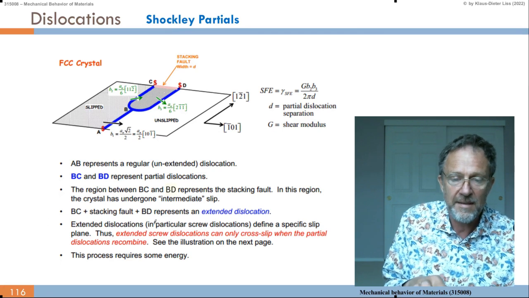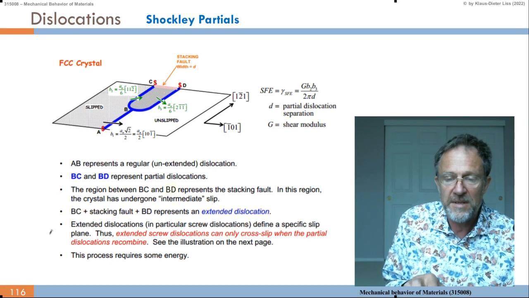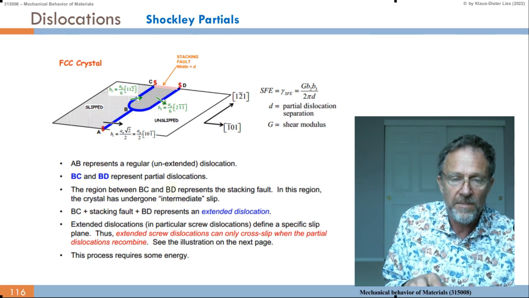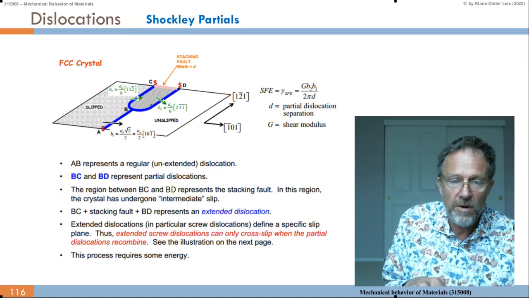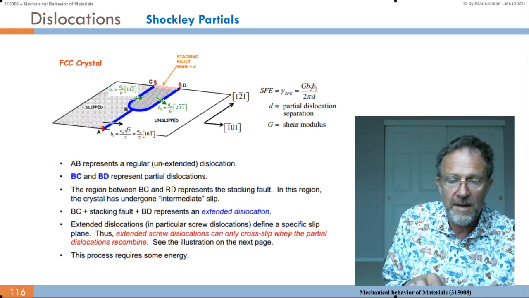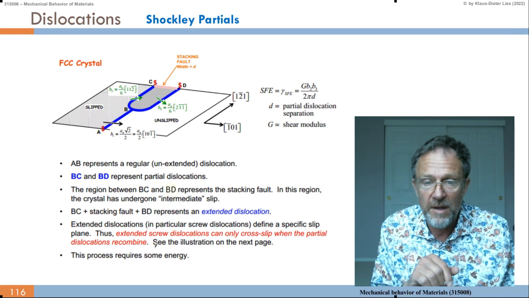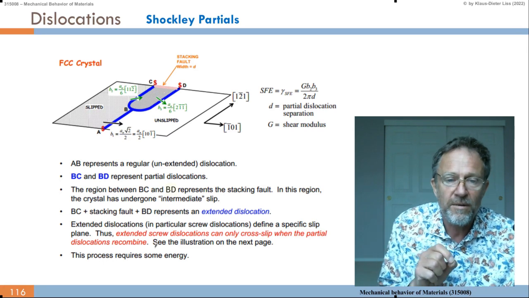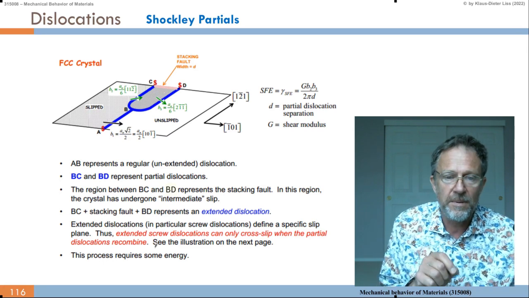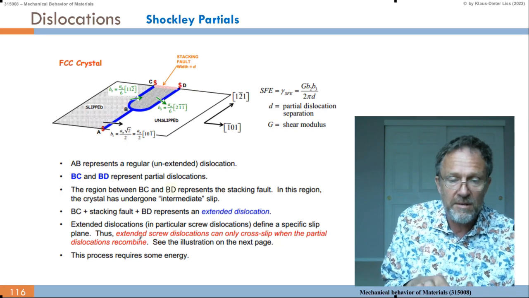The extended dislocations, in particular screw dislocations, define a specific slip plane. So you see, they work on a specific slip plane. They are all coplanar. Thus, extended screw dislocations can only cross-slip when the partial dislocations recombine. I point that out for screw dislocations because we know screw dislocations can cross-slip, not so for edge dislocations.